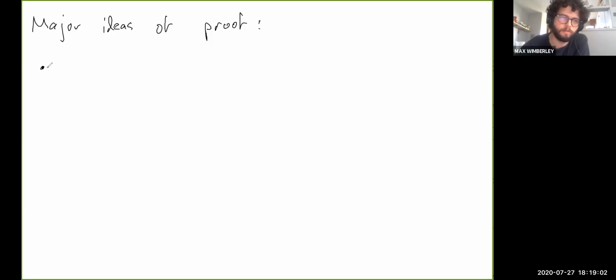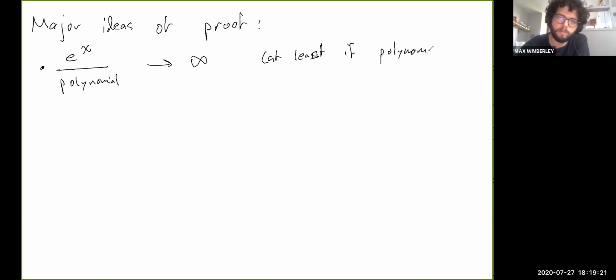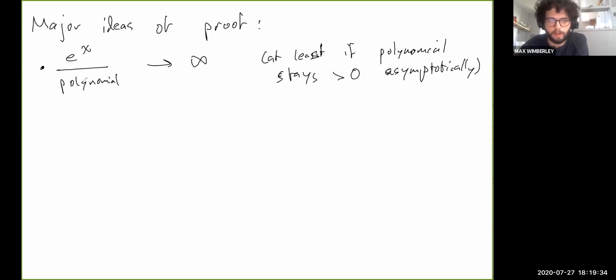We were saying e to the x over any polynomial goes to infinity, at least if the polynomial stays greater than 0 asymptotically, which obviously is the case here, because all the polynomials we were looking at had positive coefficients.